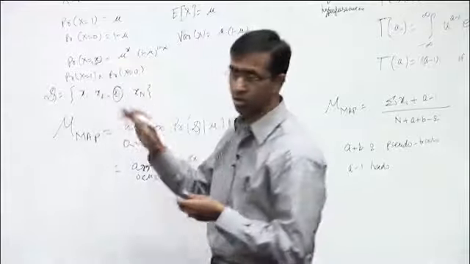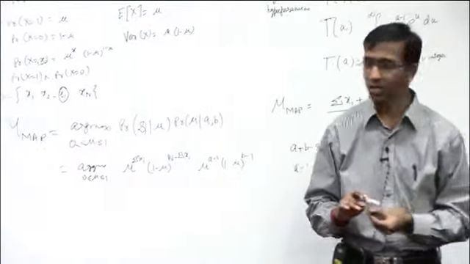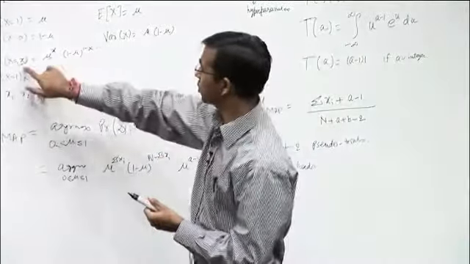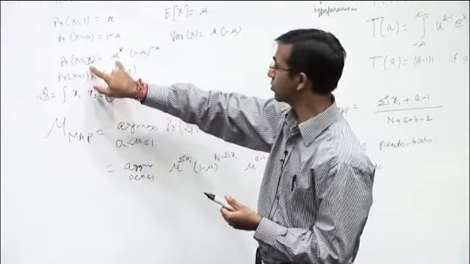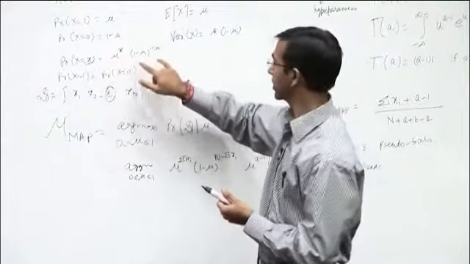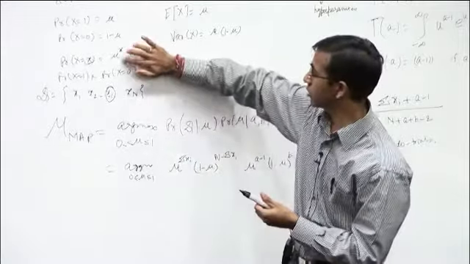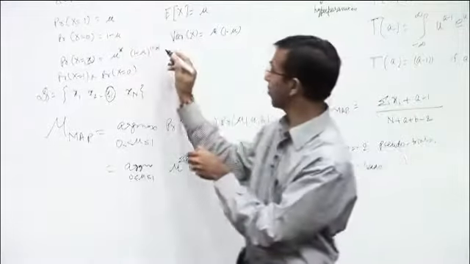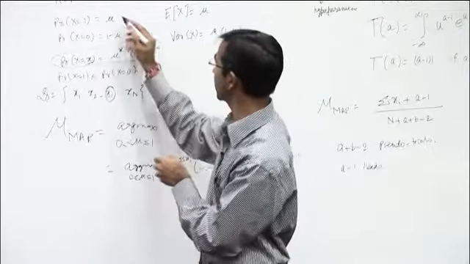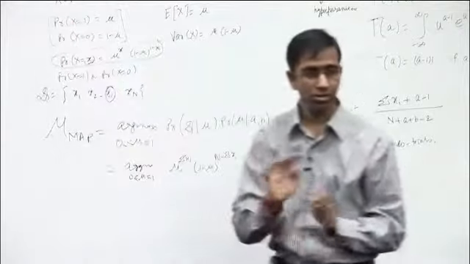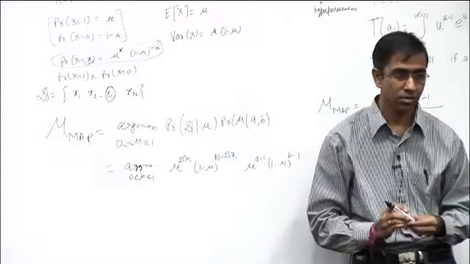This x can take 2 values, 0 or 1. If you put x equal to 1, you will see mu to the power 1, that is mu, and 1 minus mu to the power 1 minus 1, that is 0. So this term goes away, and it's just mu. This is just a way of representing this compactly.